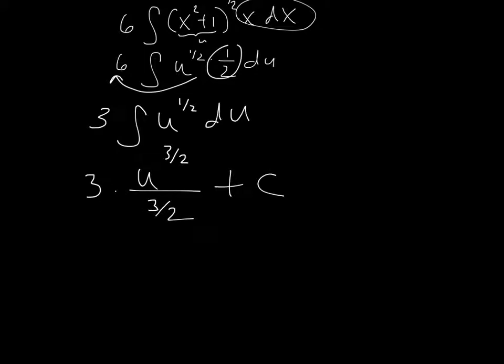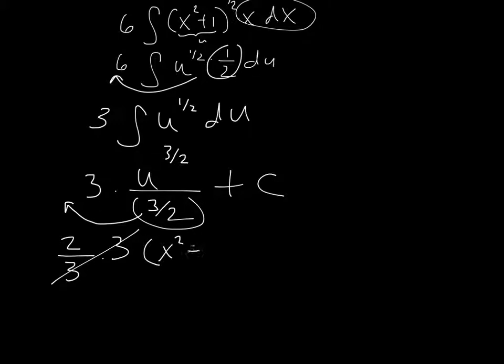But remember, dividing by 3/2 is really times 2/3. When you divide by a fraction, I multiply by the reciprocal. So 2/3 times 3 is going to be great, because then we're going to have 2u, which is 2 times x squared plus 1 to the 3/2, plus c. So our integral is this guy right here.